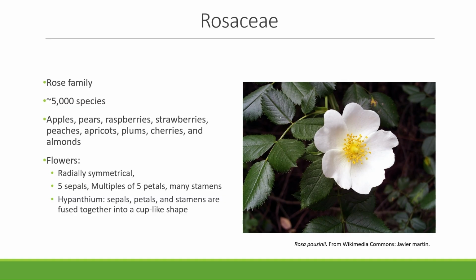The flowers of this family are radially symmetrical with five sepals, usually five or a multiple of five petals, and many stamens, as you can see in this image here to the right. A key structural feature is the hypanthium, a cup-like structure formed by the fusion of the sepals, petals, and stamens at the base of the flower.